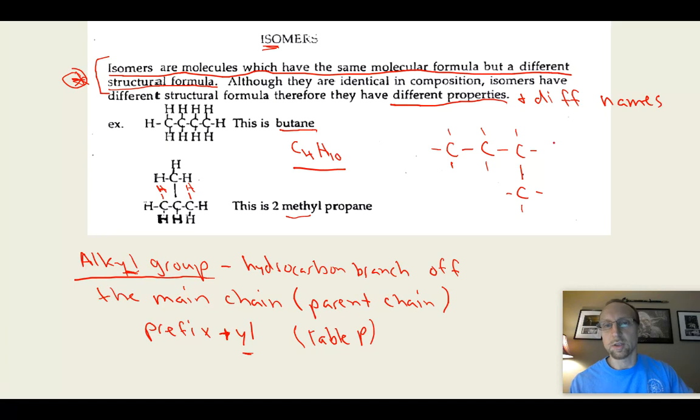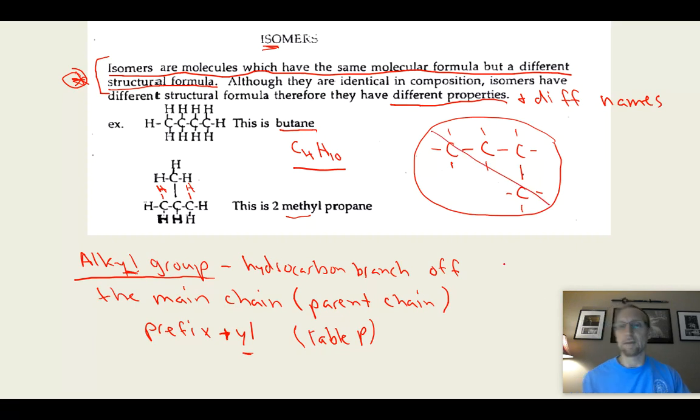All right, so this is no good. You can't have a branch on an end carbon. It's always got to go in 2 directions. It's got to be on what we call an interior carbon, right? The branches are always on interior carbons inside the chain. So remember that.